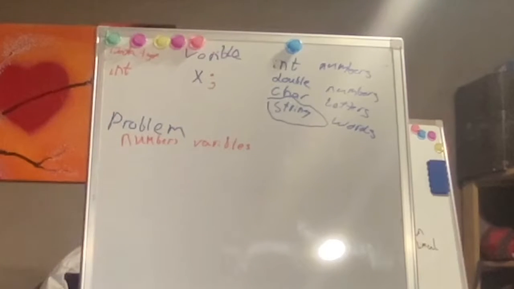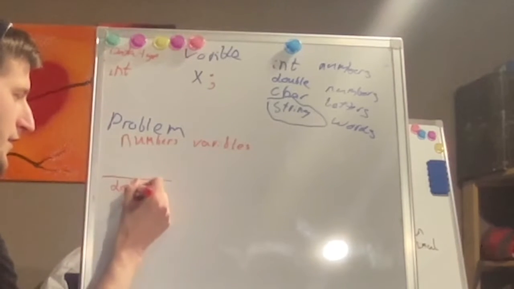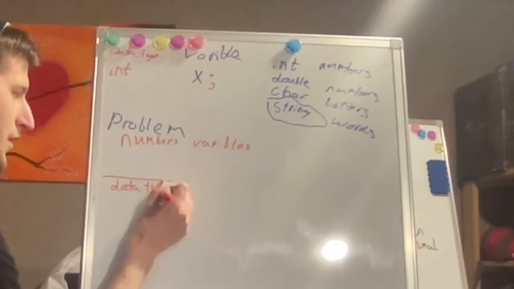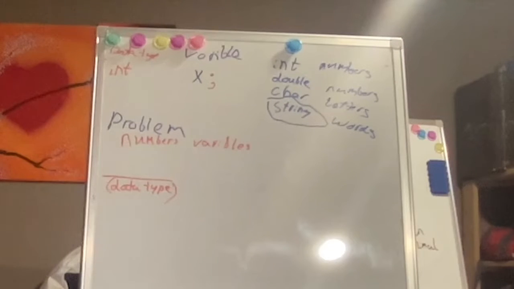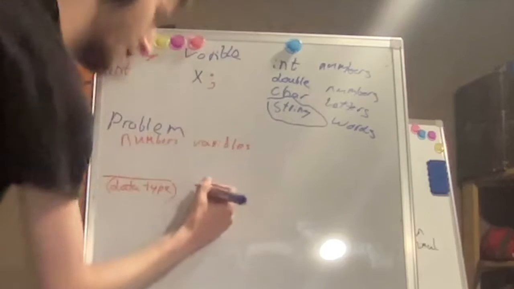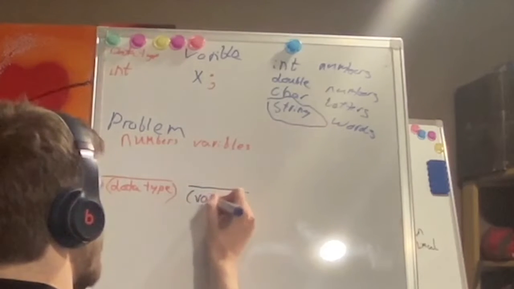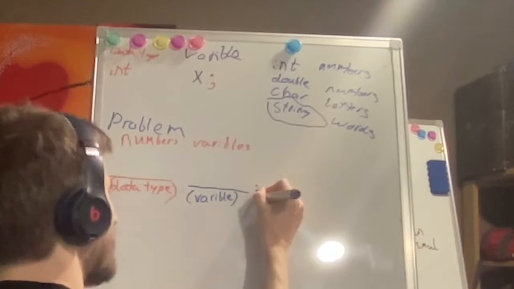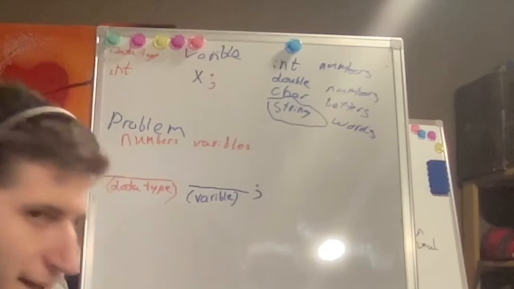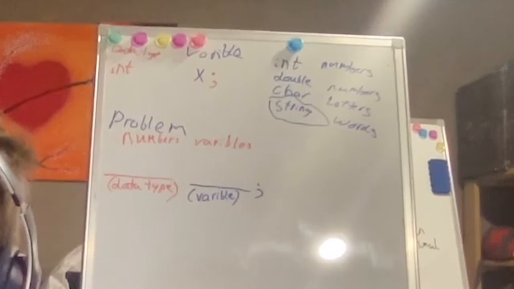We're going to need a data type, a variable, and then we'll just put this, and that's it. We're not going to assign anything, that comes later, so that's all good.